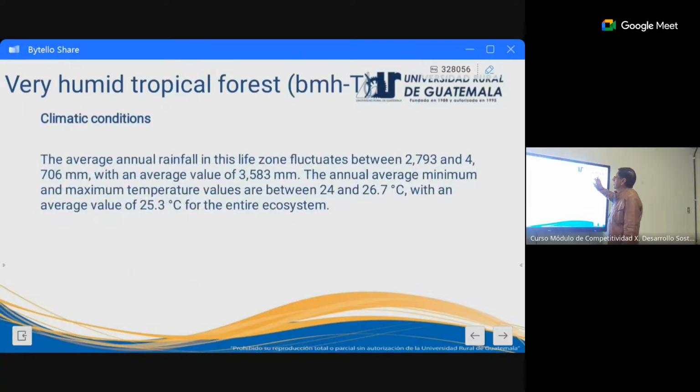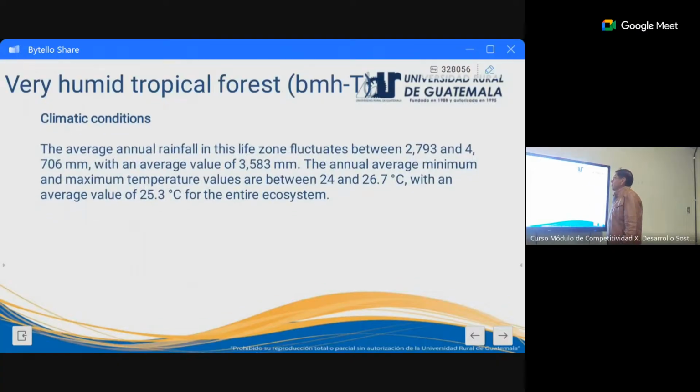Climate conditions. The average annual rainfall in this life zone fluctuates between 2,793 and 4,706 millimeters.